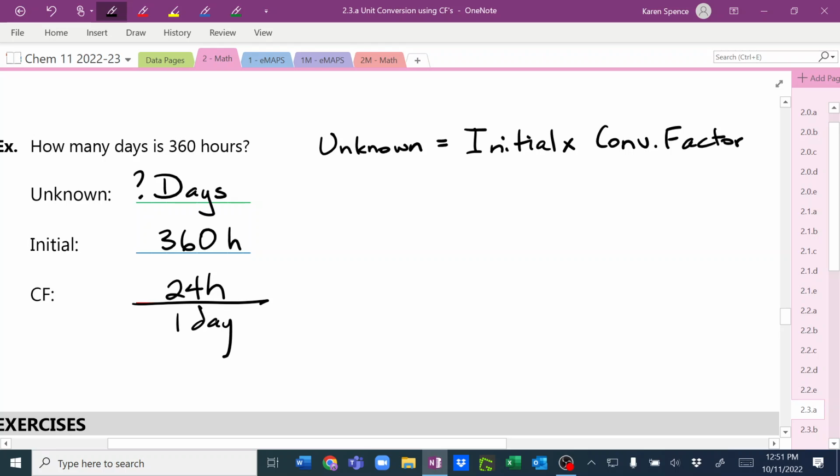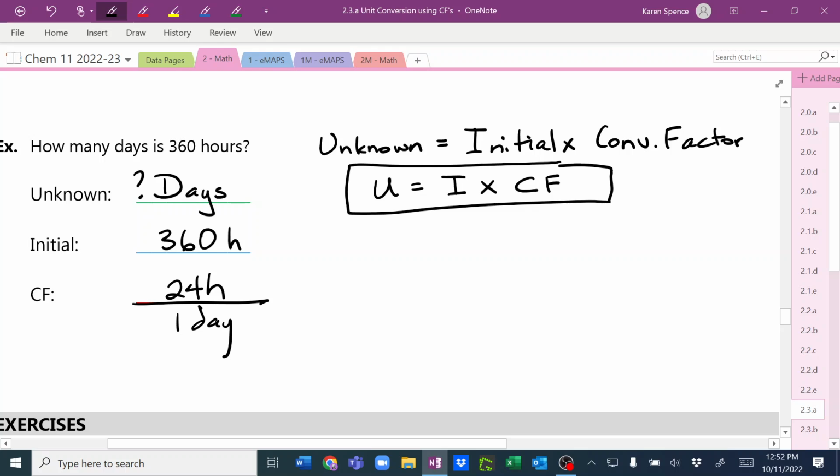Or we could more simply write that as the unknown is equal to the initial quantity times the conversion factor. This is the one step that if you don't write it down, it's okay. It might be helpful for you when you're first starting out to remind yourself that this is what you're going to be doing, but it's not a required step, okay? So this is not required.